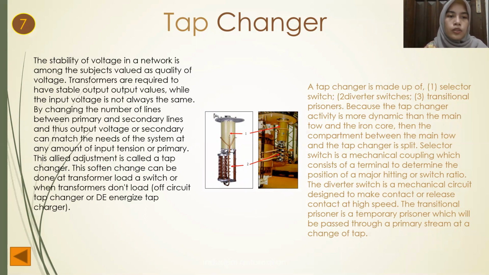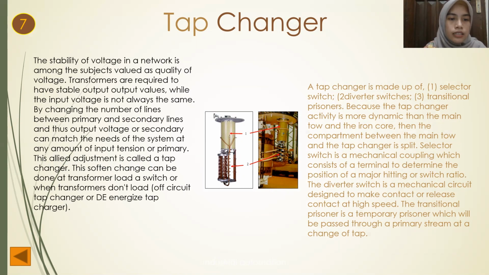Transformers are required to have stable output values, while input voltage is not always the same. By changing the number of turns between primary and secondary lines, the output voltage or secondary can match the need of the system and any amount of input tension or primary.